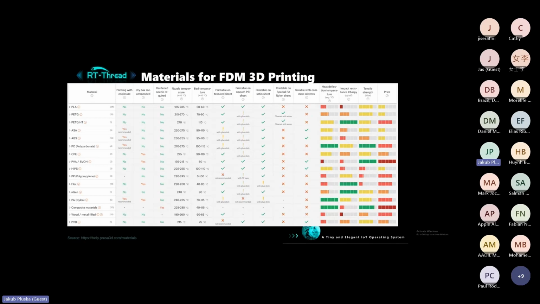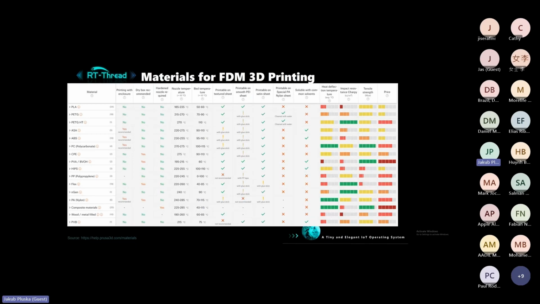When you have an FDM printer, you may have different materials. They differ in melting temperature, how you print them, and they also require some additional things, like a glue stick on the bed. If you want to start with 3D printing, I think the best would be PLA or PETG, which are quite easy to print.